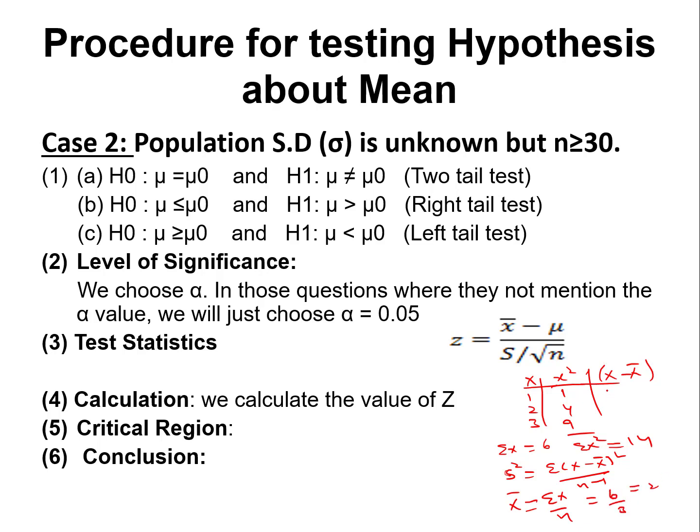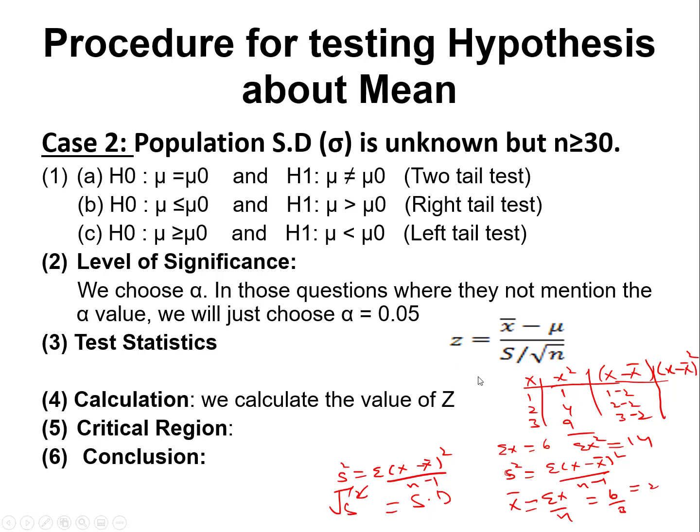So in the next step you calculate 1 minus 2, 2 minus 2 and 3 minus 2. And in the next column you calculate x minus x bar whole square. When you calculate this, your s square will be summation x minus x bar whole square divided by n minus 1. When you take the square root of this, you will get the standard deviation.